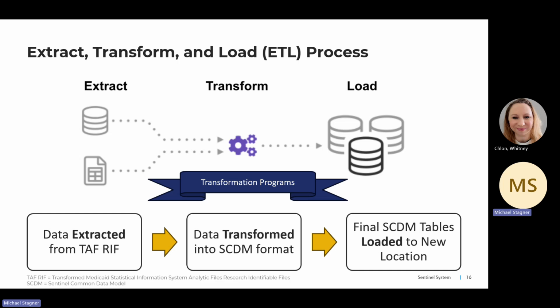They're transformed into the Sentinel Common Data Model format, which is a series of tables, and each table has a set of variables with specific formats and such. And then those final tables are loaded to a location that can be used for analysis.